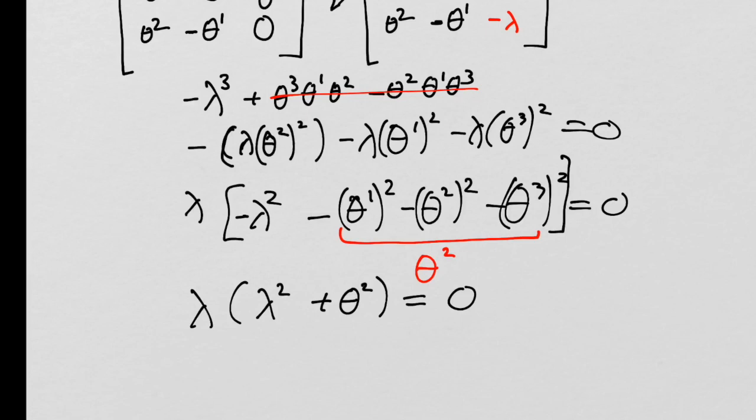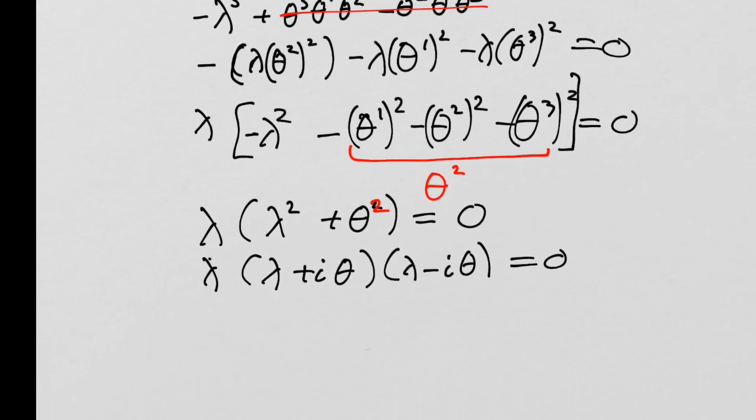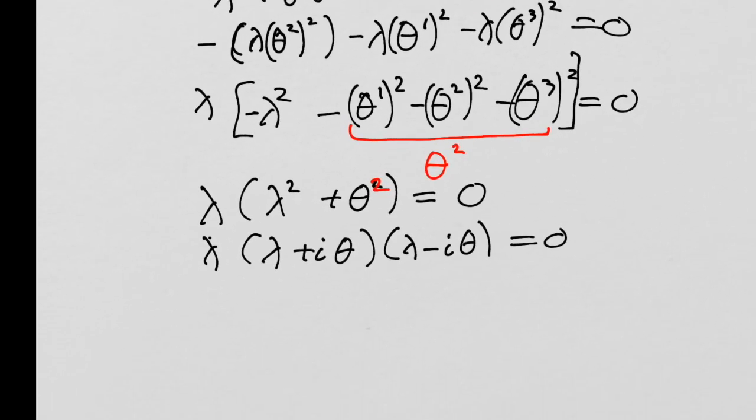So I'll put it in red so we know it's a square, and then we'll break this out to lambda plus I theta, lambda minus I theta equals 0. And so now we know what our eigenvalues are: I theta, minus I theta, and 0.